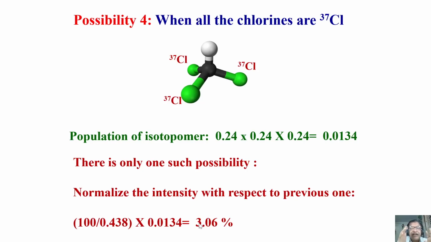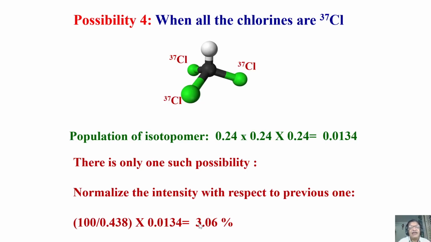There are 4 different types of isotopomers possible here. Only one possibility where all the chlorines are 35, which I took as the standard 100% intensity. Second, when two chlorines are 35, one is 37, we got 95% intensity. When one chlorine is 35, 2 are 37, there are again 3 such possibilities.